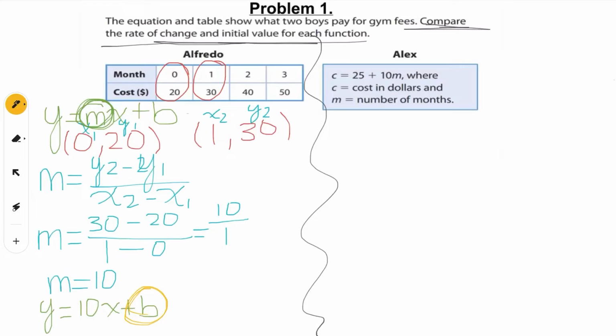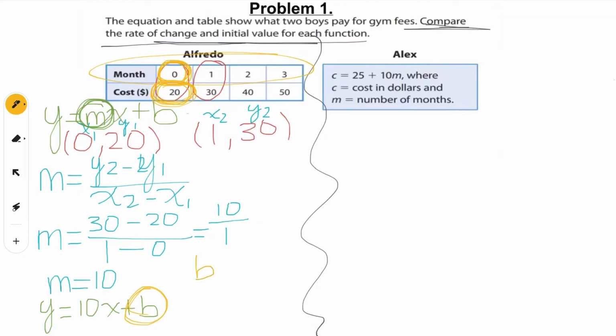If you remember in the definition, it said that the initial value is the starting output value of the function, meaning look at your input, the months, and find 0. That is the starting input value. To find the starting output value, you look at the output value for x equals 0, which is y equal to 20.